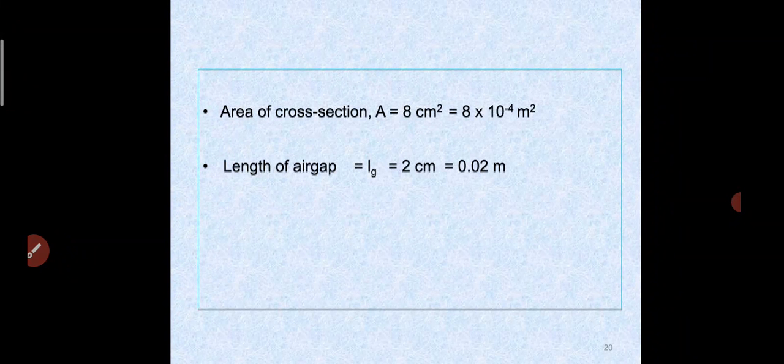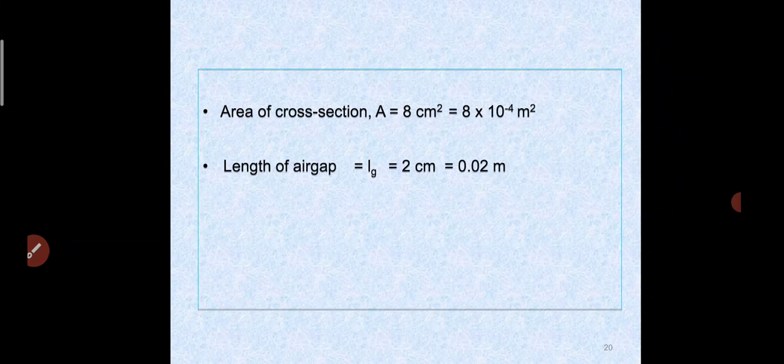Area of cross section A is equal to 8 centimeter square, so 8 into 10 to the power of minus 4 meter square.